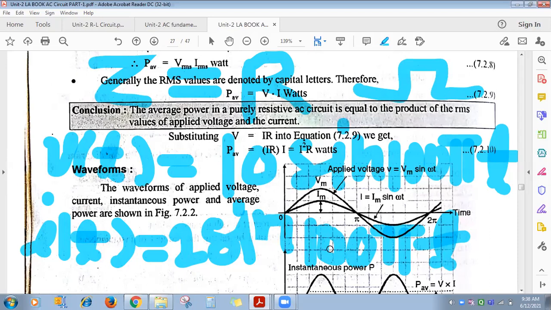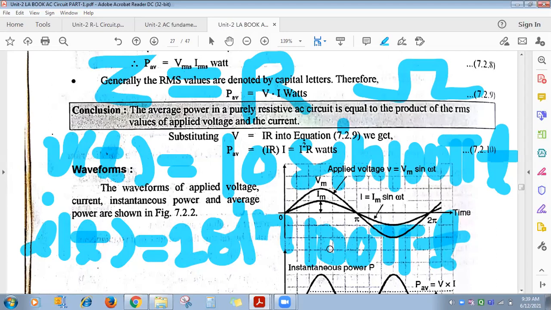Do you know Vm here? What is the value of Vm? Vm is 10. What is the value of Im? 2. So if you take the ratio of Vm by Im, what will you get? R. Got it?